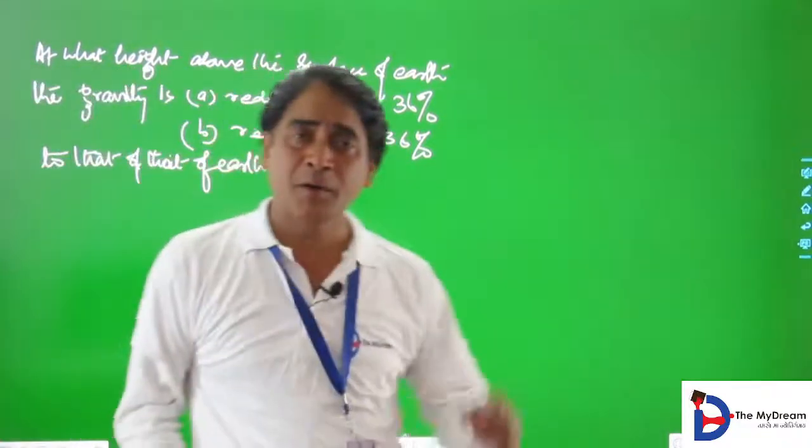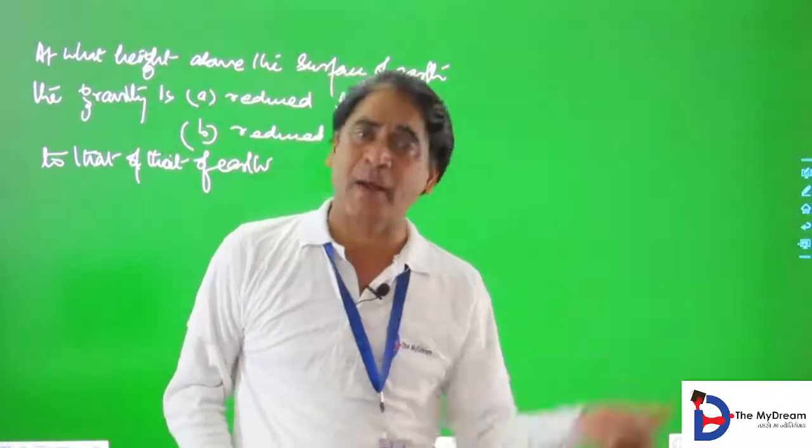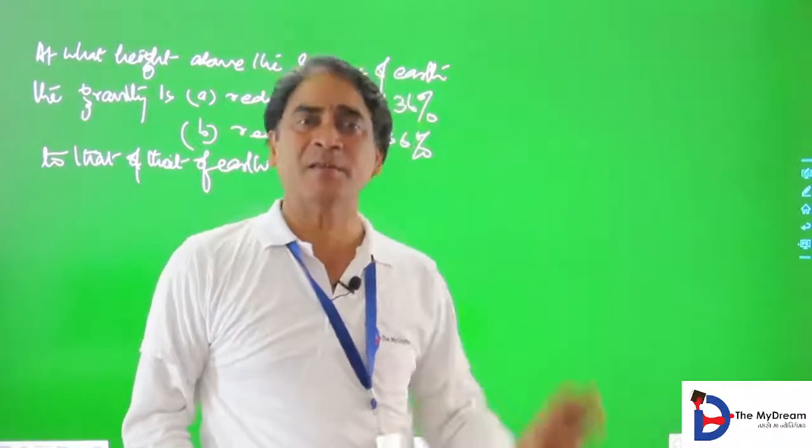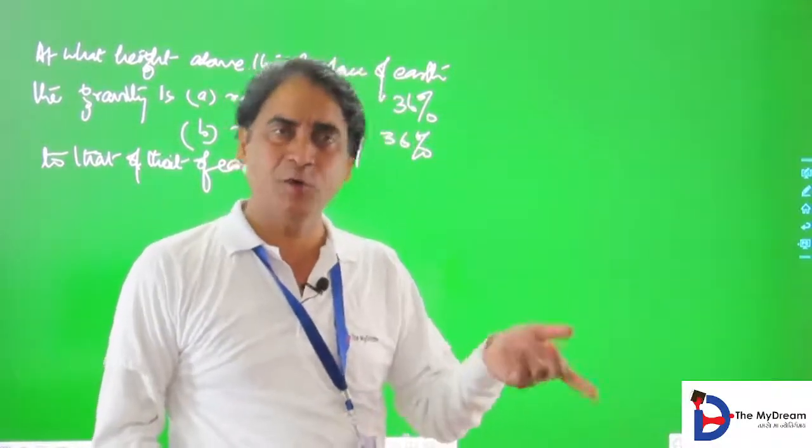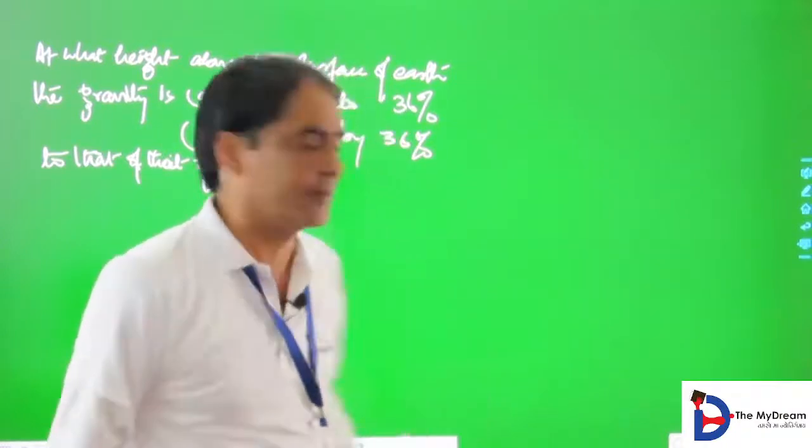When we are talking about reduced to and reduced by, for reduced to, son, we take 36 as it is. For reduced by, what do we do? We subtract from 100.